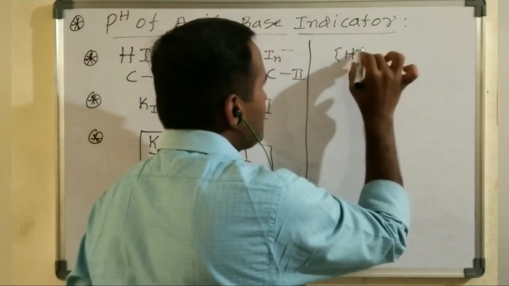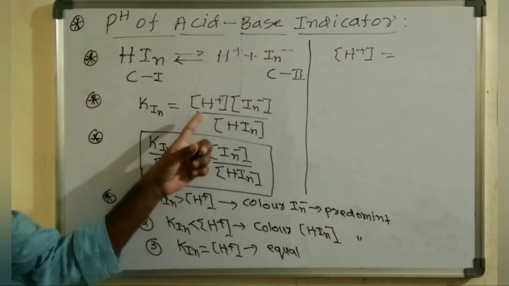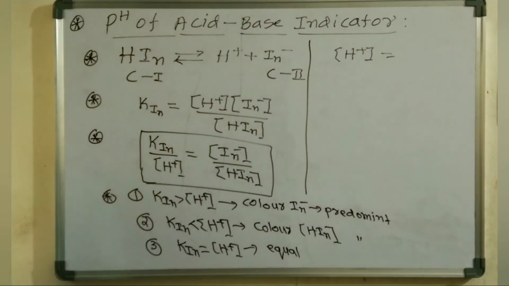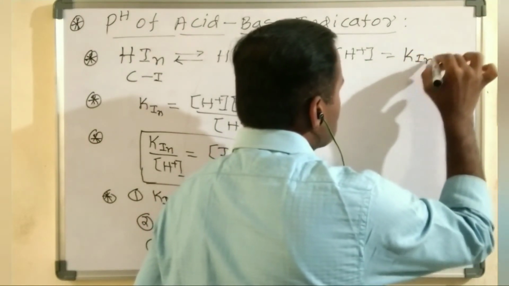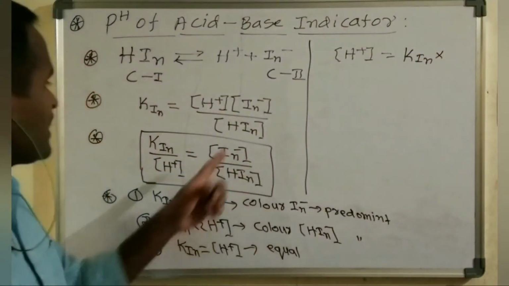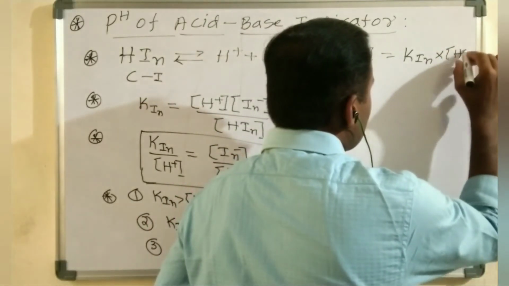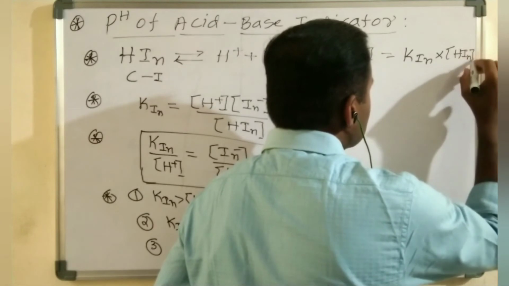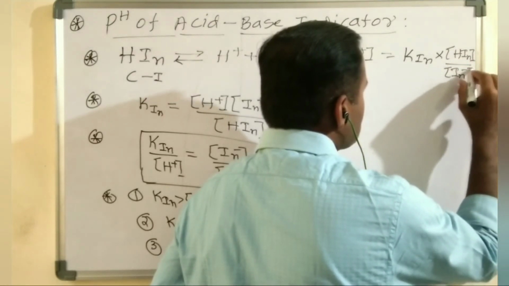Here the H plus ion concentration is equal to KIn into the HIn concentration divided by the In minus ion concentration.